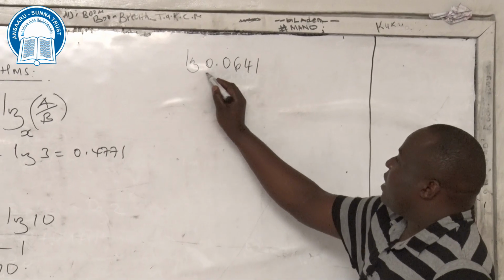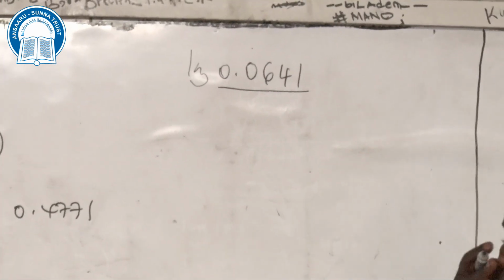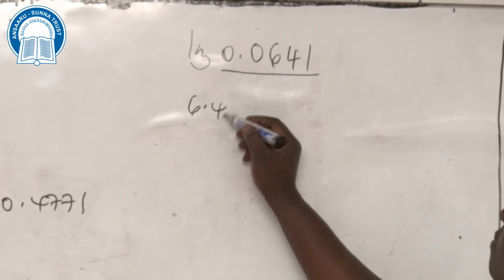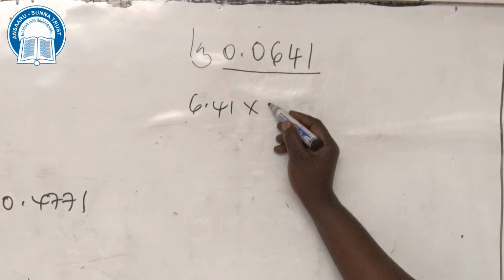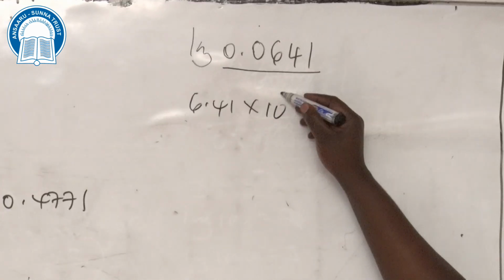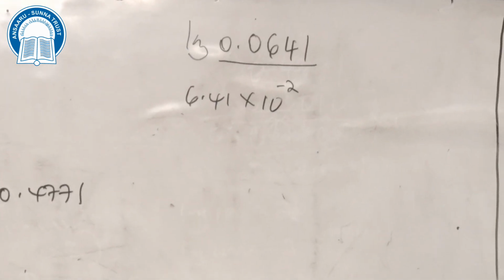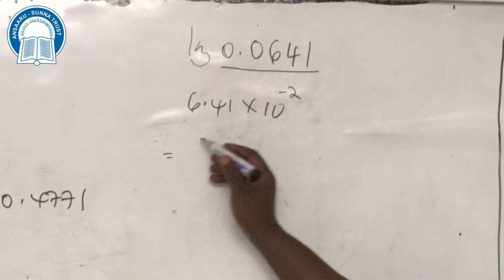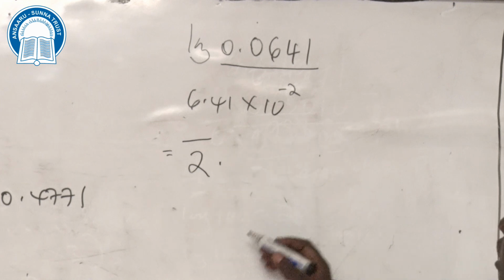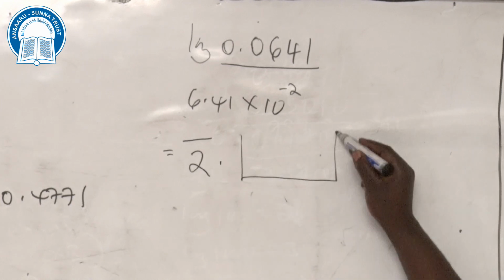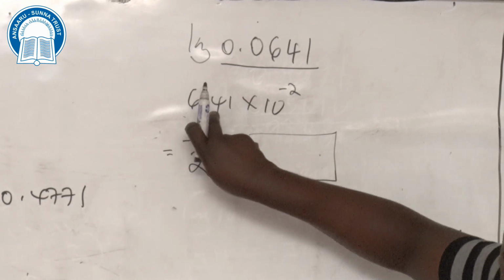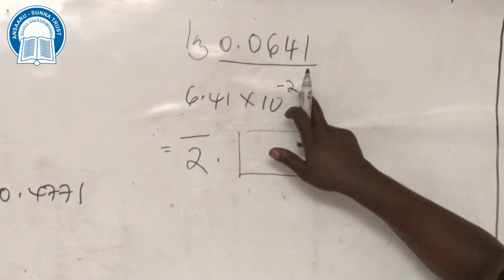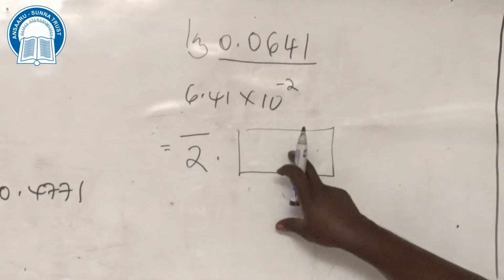First of all, you write this number in standard form, which would be 6.41 times 10 raised to, you move two decimals to the right, so it's negative 2. Then the answer would be bar 2 point something, for the characteristic. This value you check from the log table, then this one is this value. The 10 raised to is what comes here, then this.